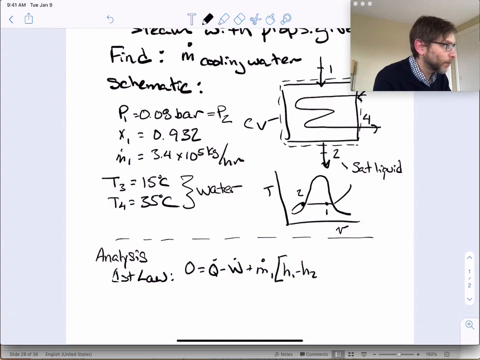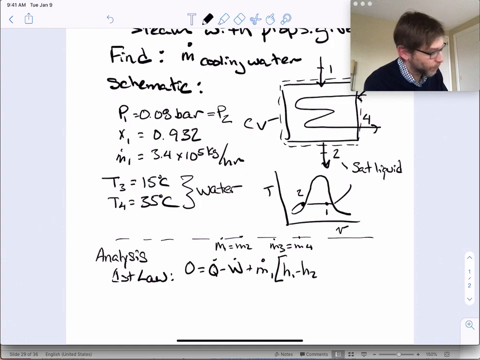We'll just say m dot 1 equals m dot 2, and m dot 3 equals m dot 4. Okay, because as I said before, there's no mixing of these streams. It's an indirect heat exchanger. And then we're just going to neglect potential and kinetic energy.